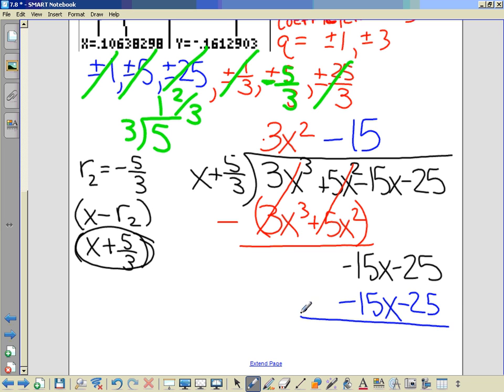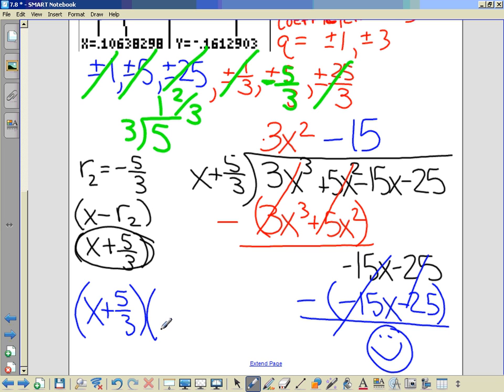If I put a line under it and subtract this entire quantity, they cancel, and my remainder is 0, which makes me extremely happy, because I know that my original equation, 3x cubed plus 5x squared minus 15x minus 25, factors neatly into x plus 5 thirds times 3x squared minus 15.